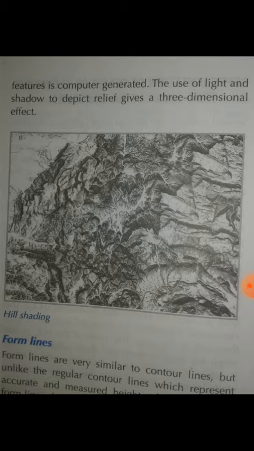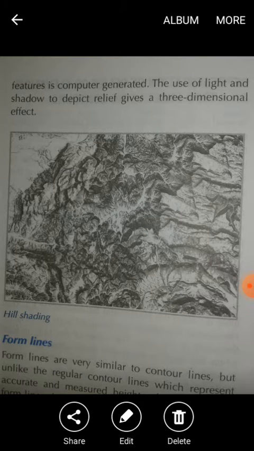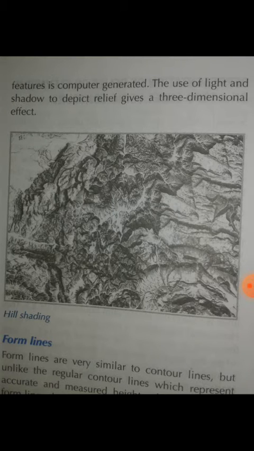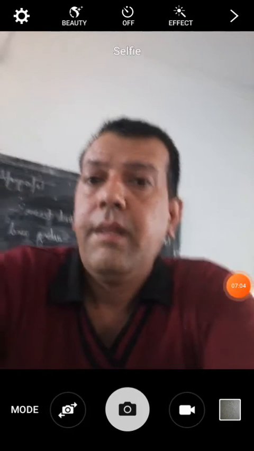Today, hill shading of relief features is computer generated. The use of light and shadow to depict relief gives a three-dimensional effect. So these are dark places and some light places. Hill shading or shaded relief uses a light and shadow effect to represent relief on the map.